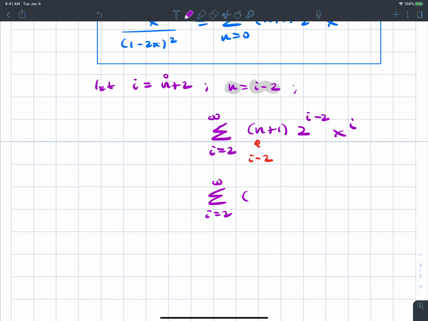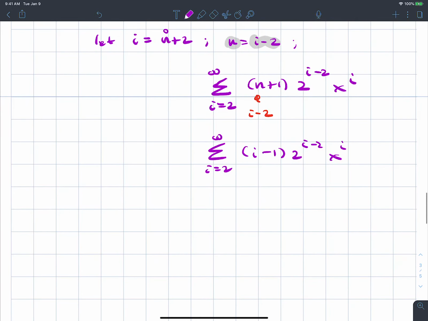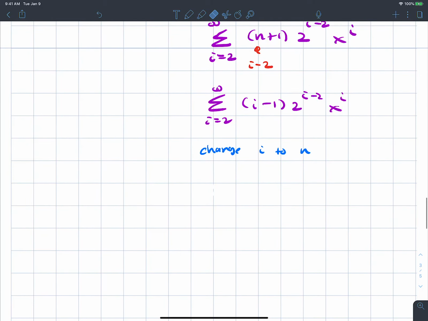And that's going to be now i minus 1, 2 to the i minus 2, x to the i. And then now you can say, can I change i to n? Yes. And you obtain the summation n is 2 to infinity, n minus 1, 2 to the n minus 2, x to the n.